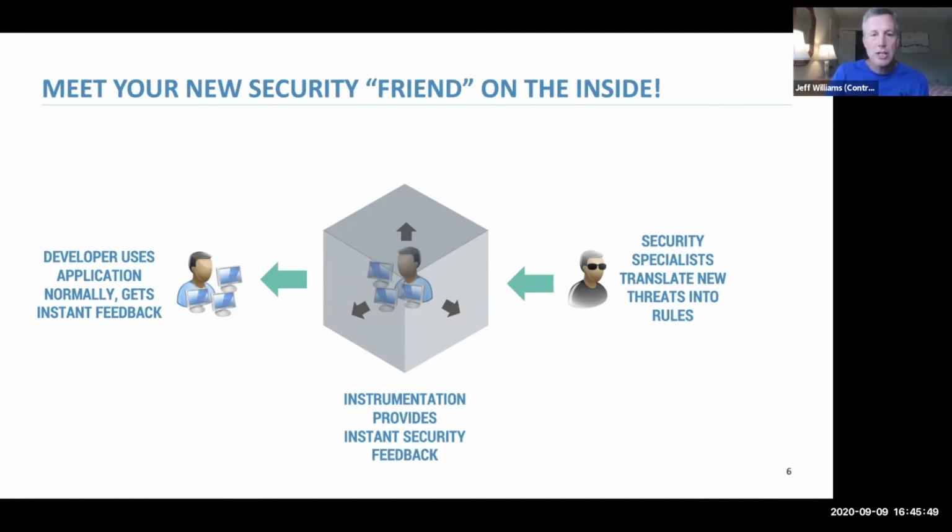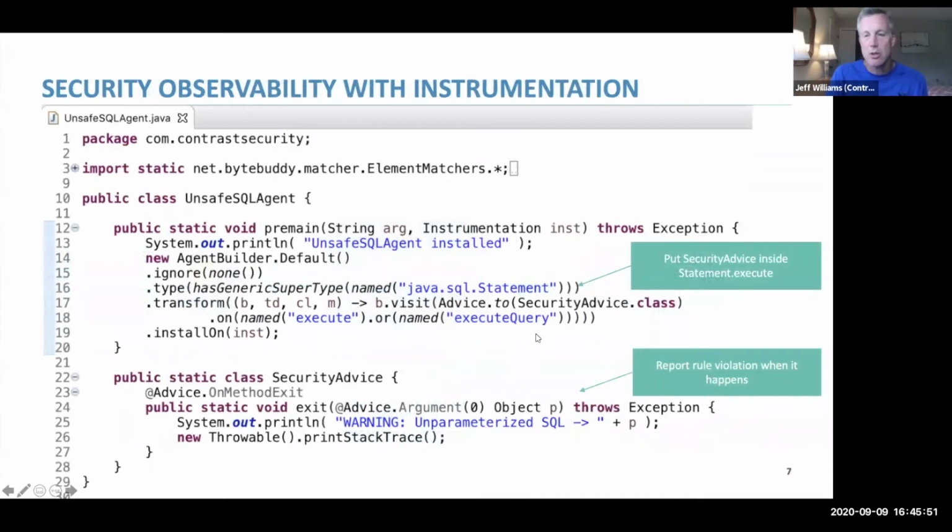So let's take a look at how this works. I hate to put code up on the screen because I know you're not all developers, but I just wanted to show you how easy it is to create one of these agents. This is the entire code for an agent that will detect unsafe queries to the database, queries that might be susceptible to SQL injection.